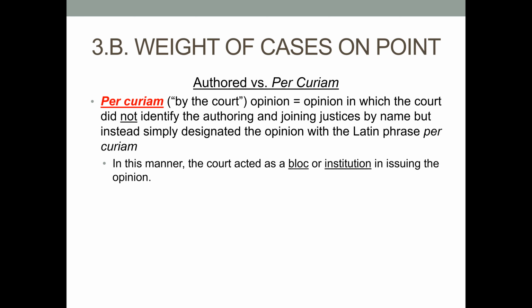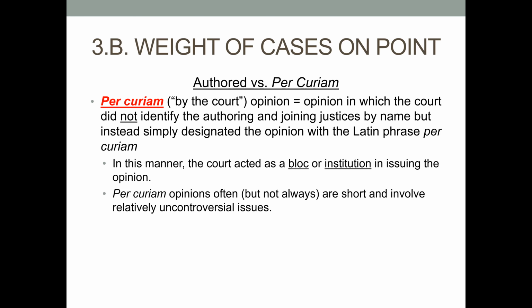It's simply issued by the court as a block or institution, hence the Latin phrase per curiam, by the court rather than, say, named justices on the court. Now, per curiam opinions often are shorter than authored opinions, and often they involve relatively uncontroversial issues.